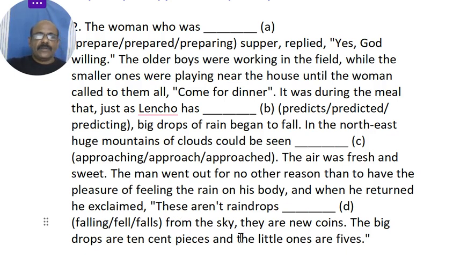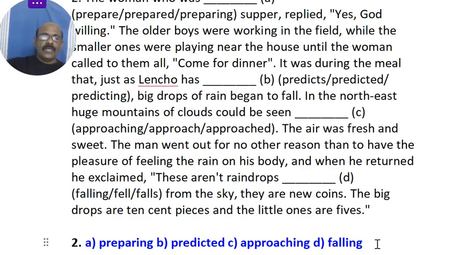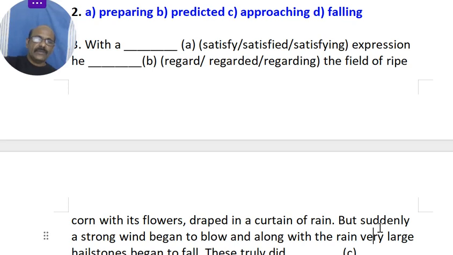Here we used one rule: has plus V3 verb, has predicted. Remaining, by understanding the sentence we have taken most of the part. Next, we are going to verify the third one.